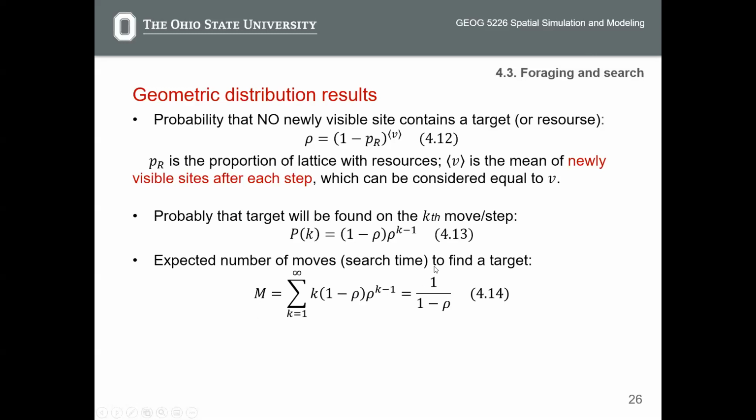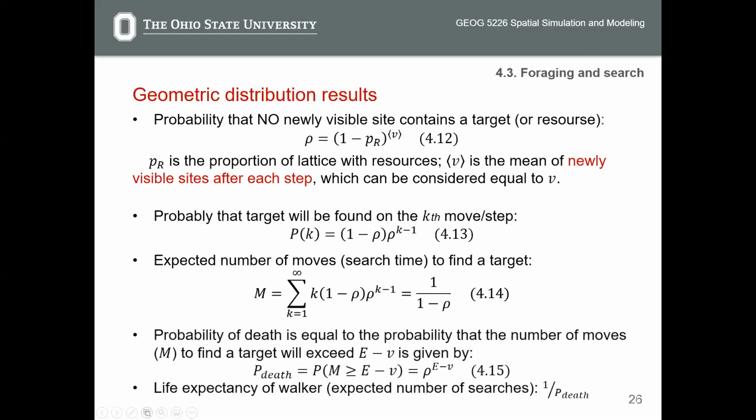M is equal to the reciprocal of the difference between 1 and rho. Rho is the probability of failure, right? Okay, so this is the expected number of moves to find food, to find a target, which is M.